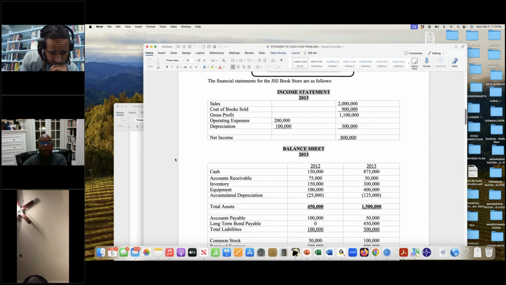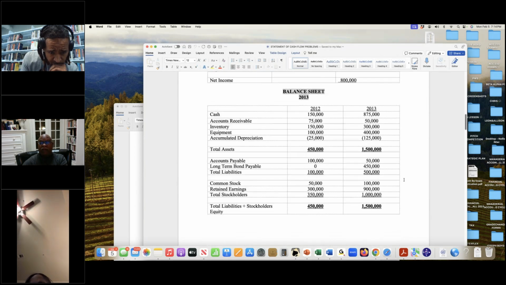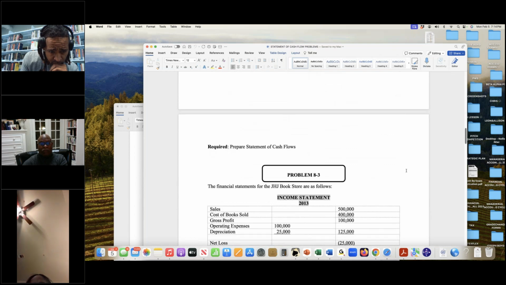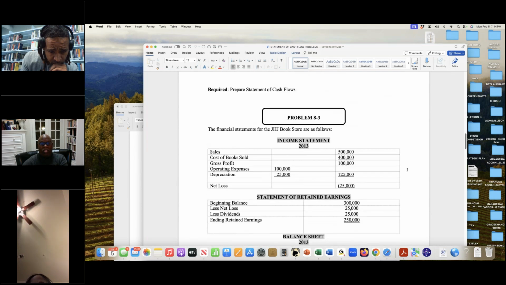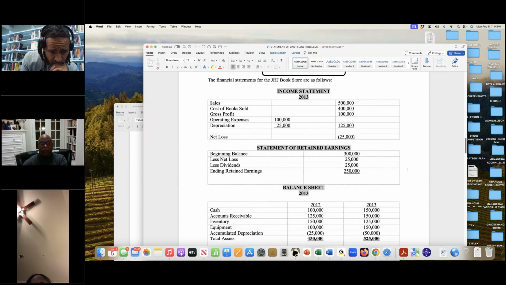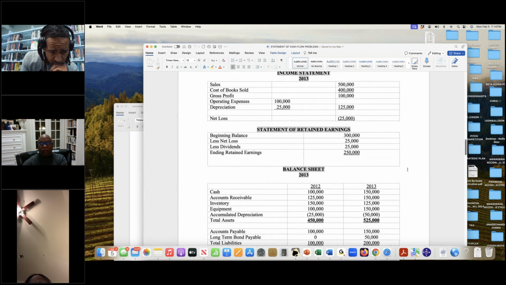Let's go on to problem three. What did receivables do? Problem 3, what did receivables do? Increase. Is it a source or a use?